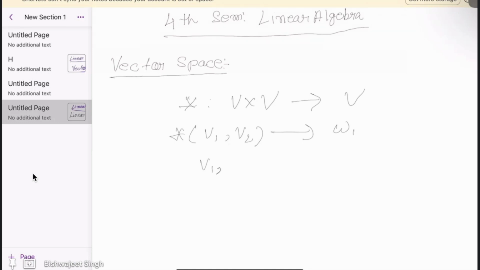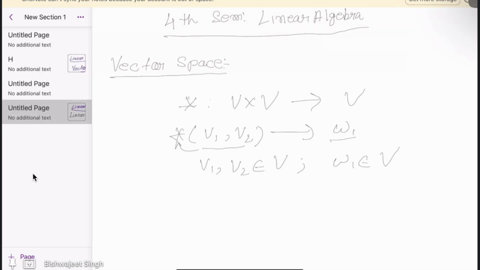So V1, V2 all belong to V, and this W1 also belongs to V. So we can say that the image of V1, V2 with respect to the operation star is actually W1.